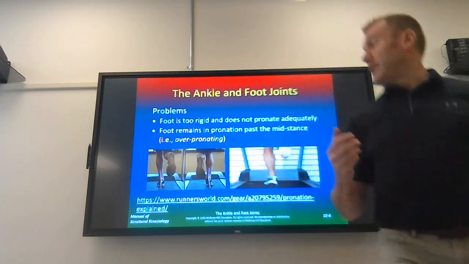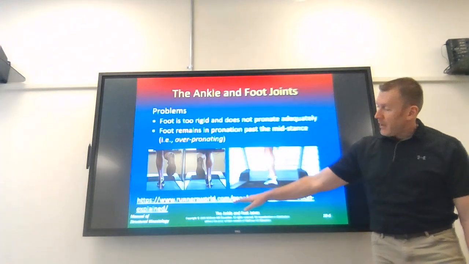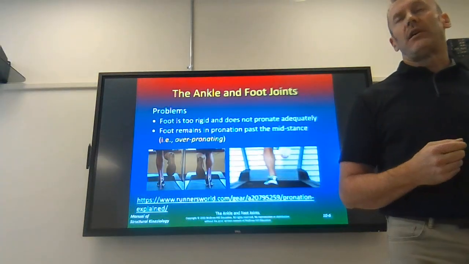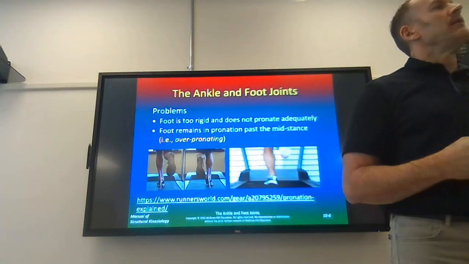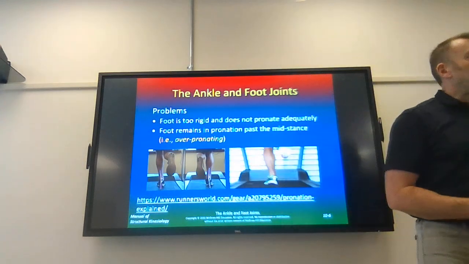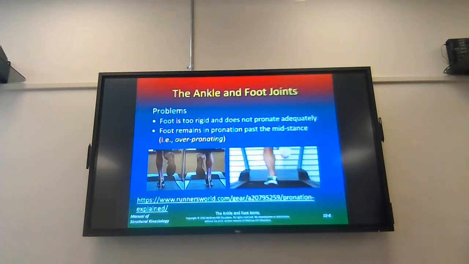So what I'd like you to do is, this is an article from Runner's World. I want you to just click on that link. It's a very short article. I just want you to read through it. There's no questions or anything to answer with it, but just scan through it quickly. So you should be able to click on it within the PowerPoint there.